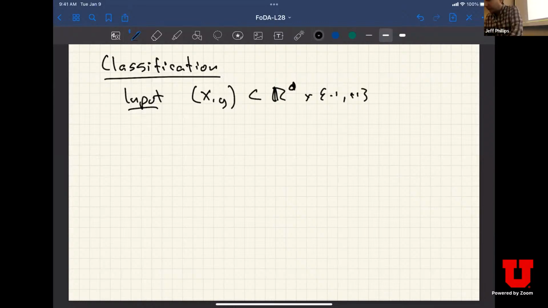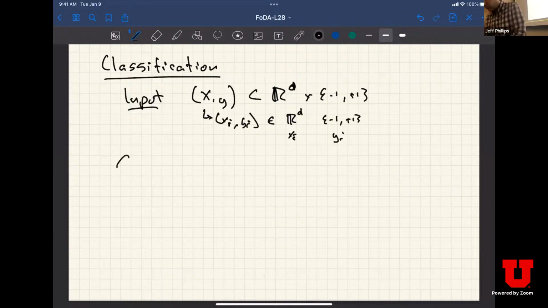So each data point Xi is going to be an element of R^d, and Yi will be either -1 or +1. So we're given these vectors in d-dimensional space, and they're given a sign.